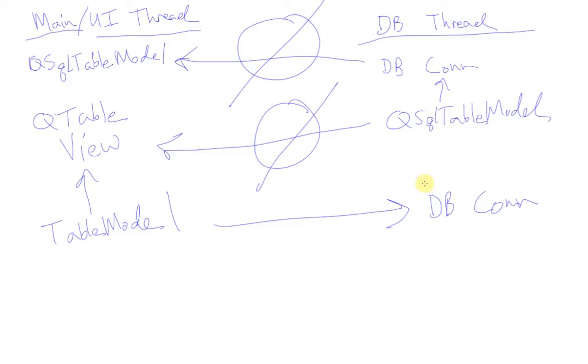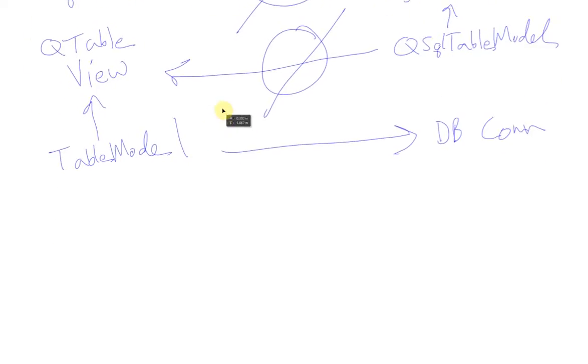So, what I noticed off the bat was that I wanted to have a way for table model to have some base functions work just like they do with QSQL table model.